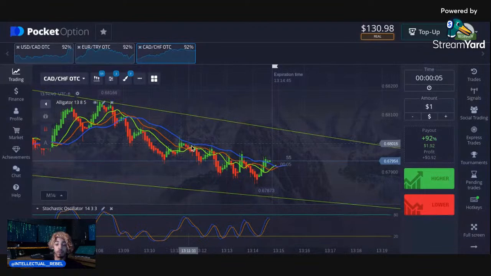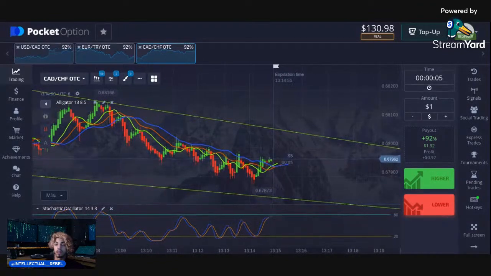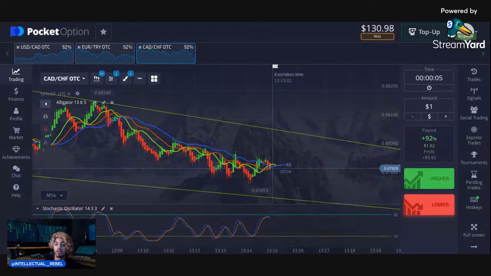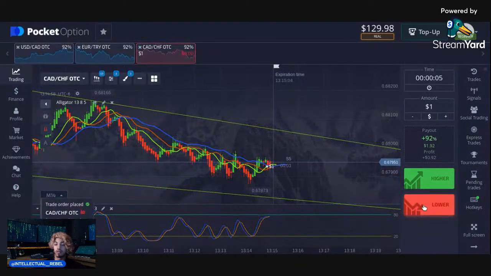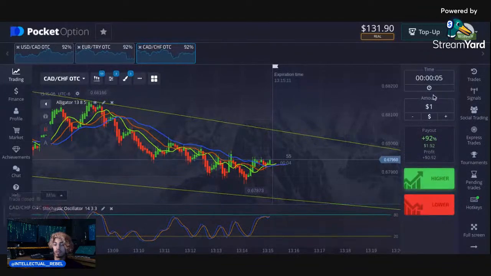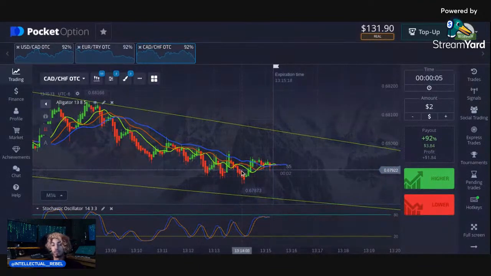they don't even know what it wants to do right here. That's just stupid. That's just too much consolidating right there.